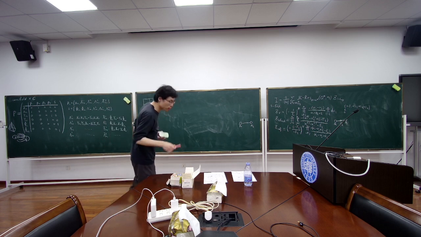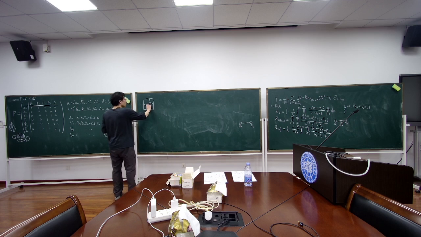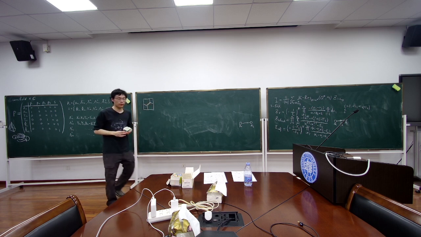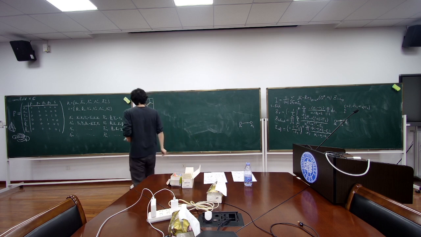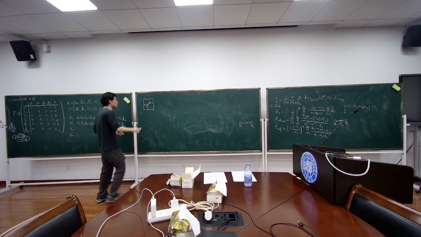So for example, in this case I have three perfect matchings. One is this. Because this is on T2, these are identified. And then I have this, and then I have the remaining one. So I have three perfect matchings.